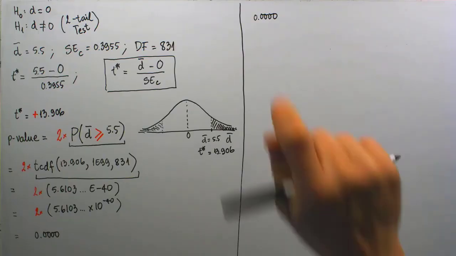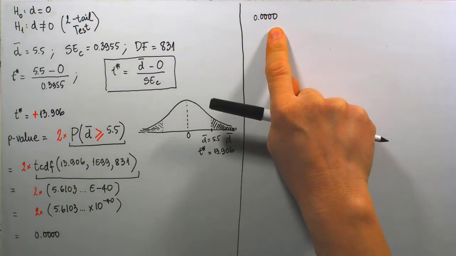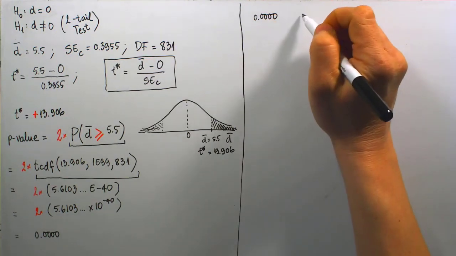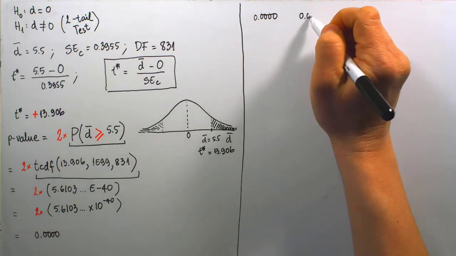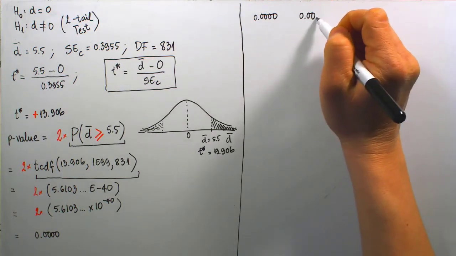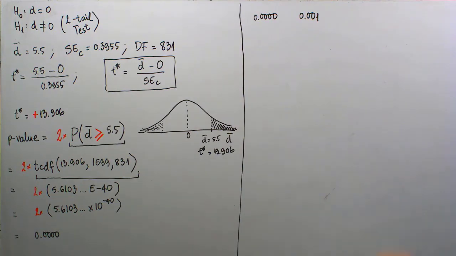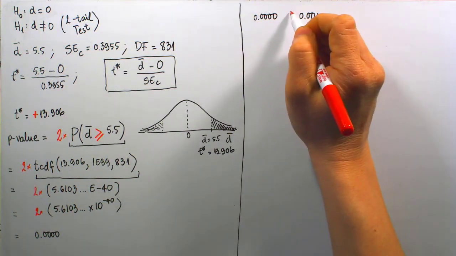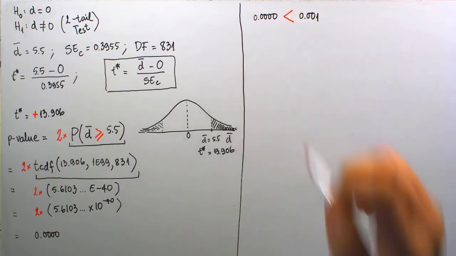So we are going to compare our final calculated p-value with the significance level of 0.001. And now direct comparison shows that our p-value falls well below the significance level.